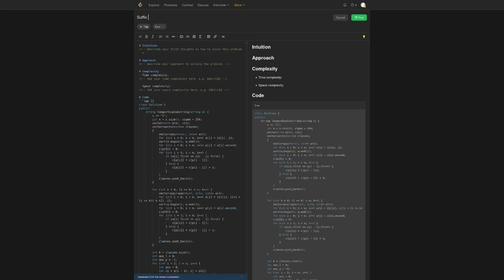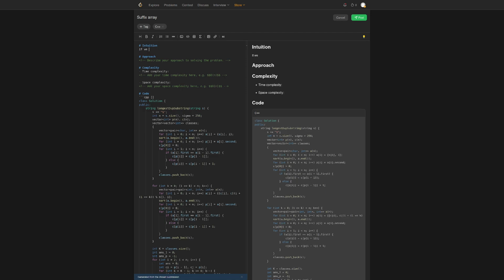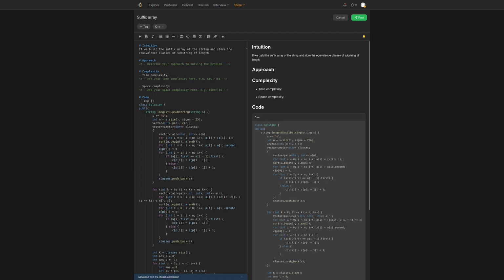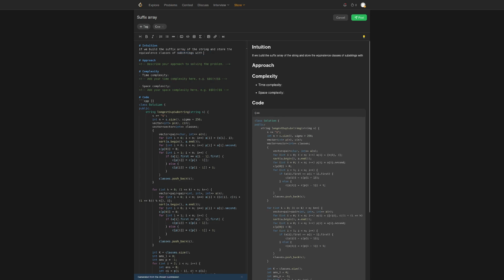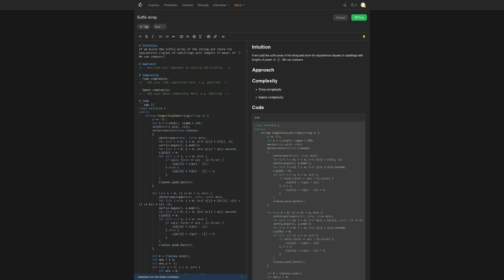Suffix array. If we build the suffix array of the string and store the equivalence classes of substrings with length of power of 2, we can compare.